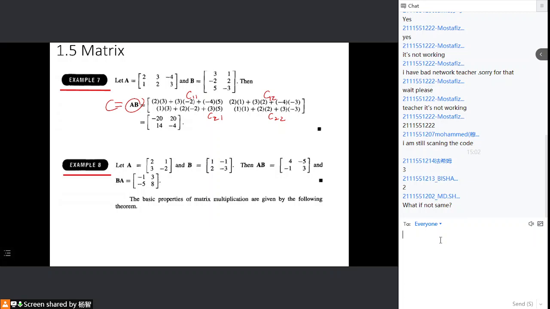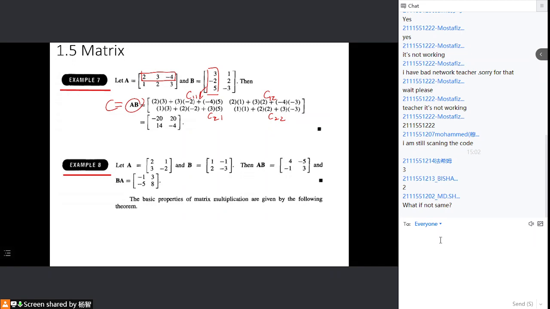Right? And how do we get C11? It means this row multiplies this column, and this row element multiplies this column element. We get C11.